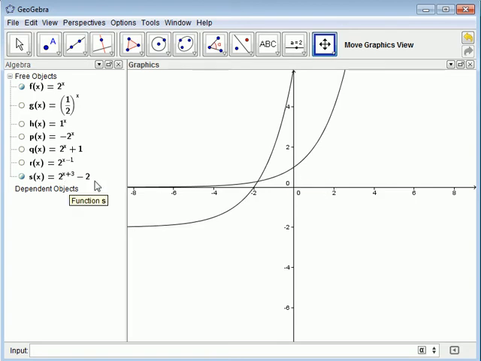So it's not at the point -3, -2. It moved it to the left 3, but it moved it down 2 places, 1, 2. You see it? It didn't actually move it down to the -2 number. It just moved it down 2 places from where it was originally. So this 0, 1 right here, we moved it to the left 3 places, so it would be here. And then we moved it down 2 places.